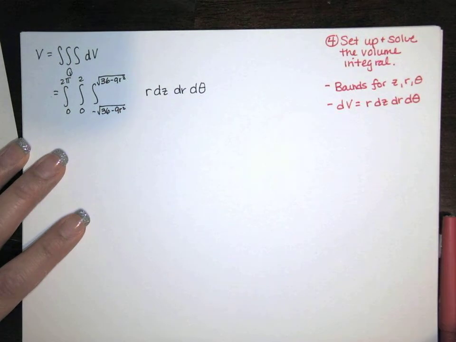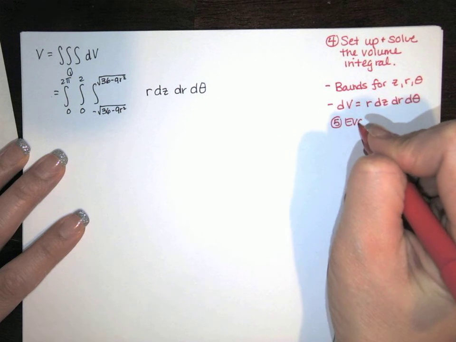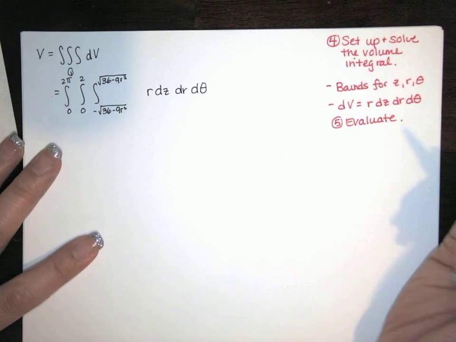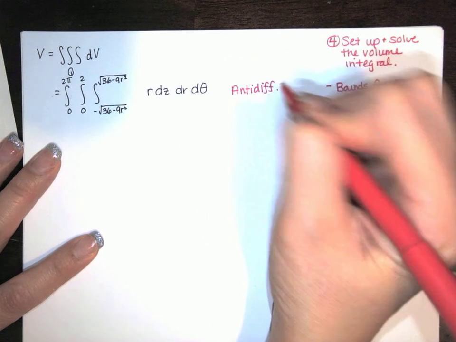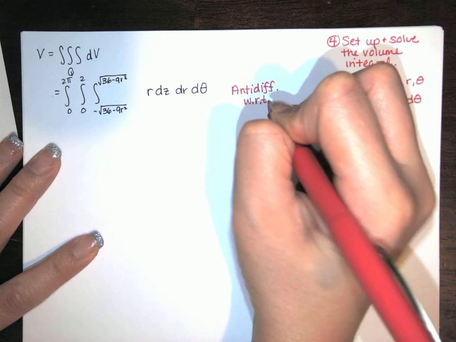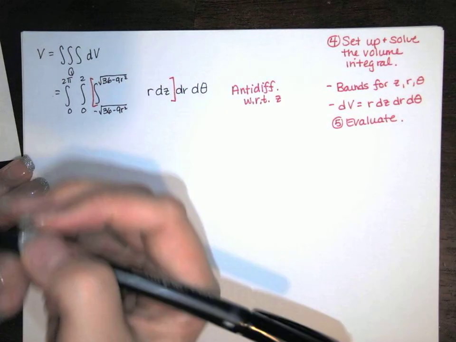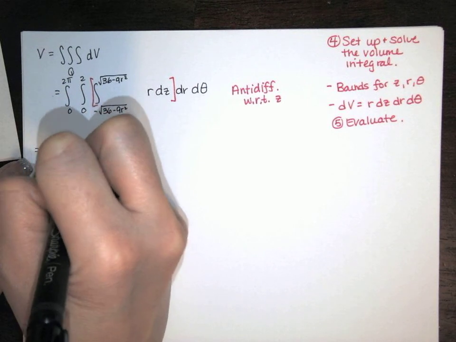Okay, now we're going to evaluate this. The way we evaluate the integral is first we start on the inside and we work our way out. We anti-differentiate with respect to z. So we have the integral from 0 to 2 pi of the integral from 0 to 2.